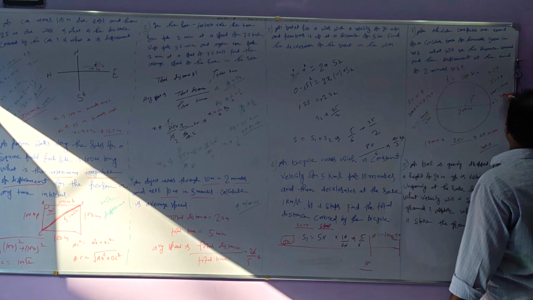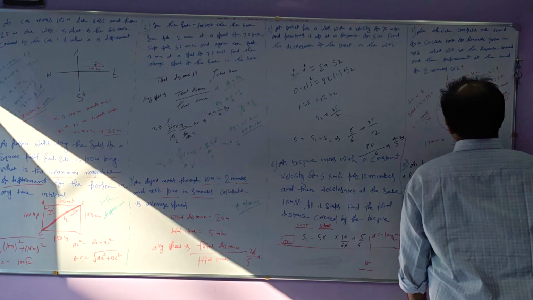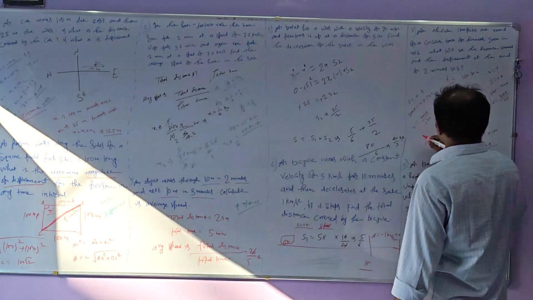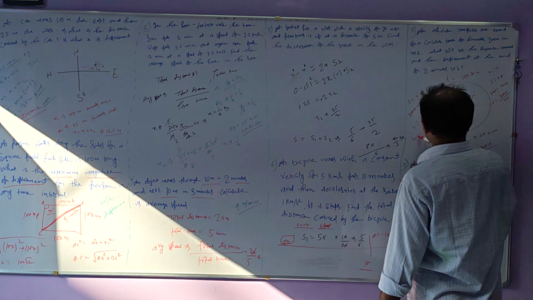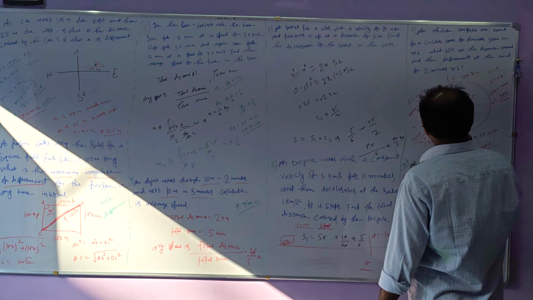So v is equal to 200 pi upon 40. We directly put 200 pi upon 40.